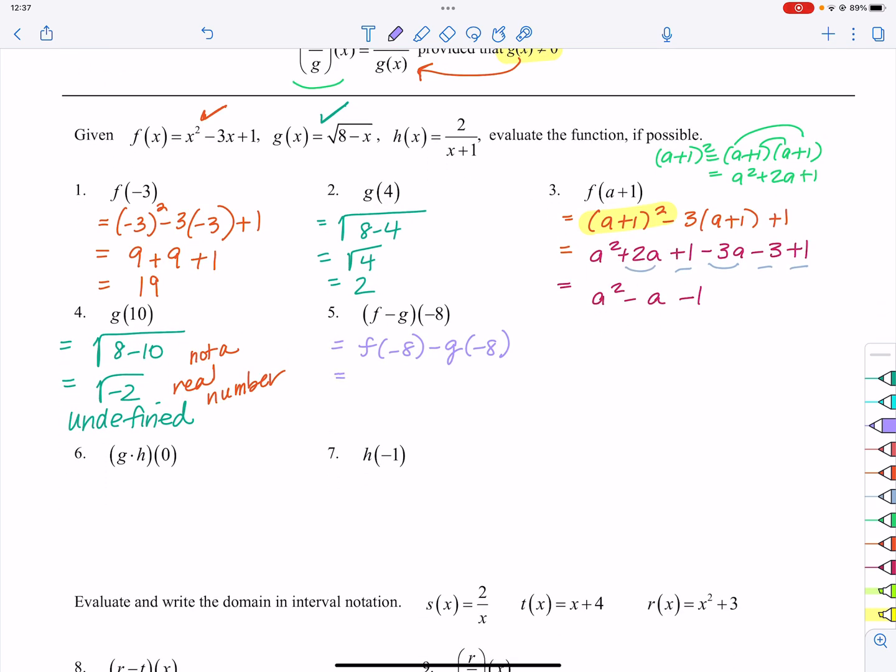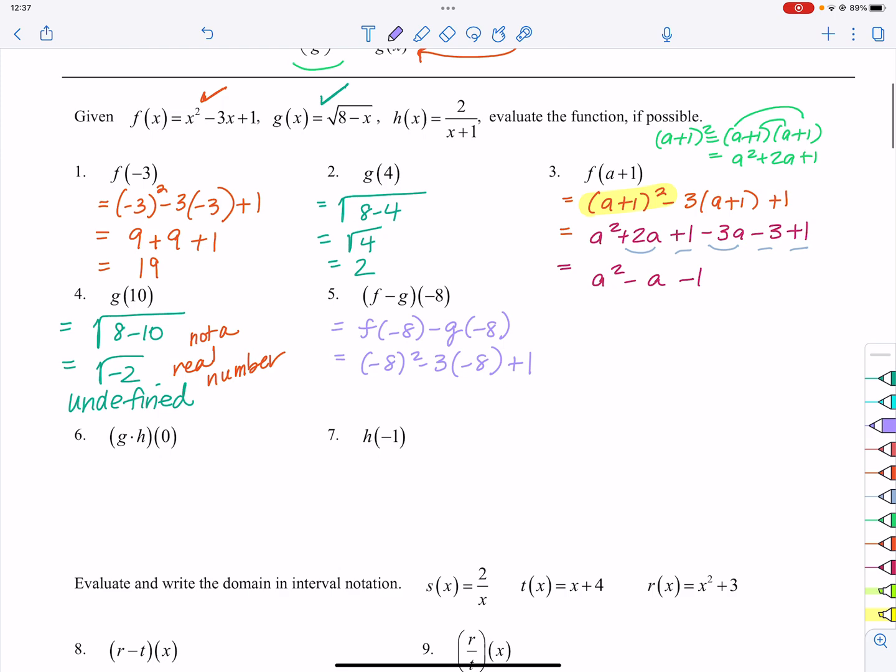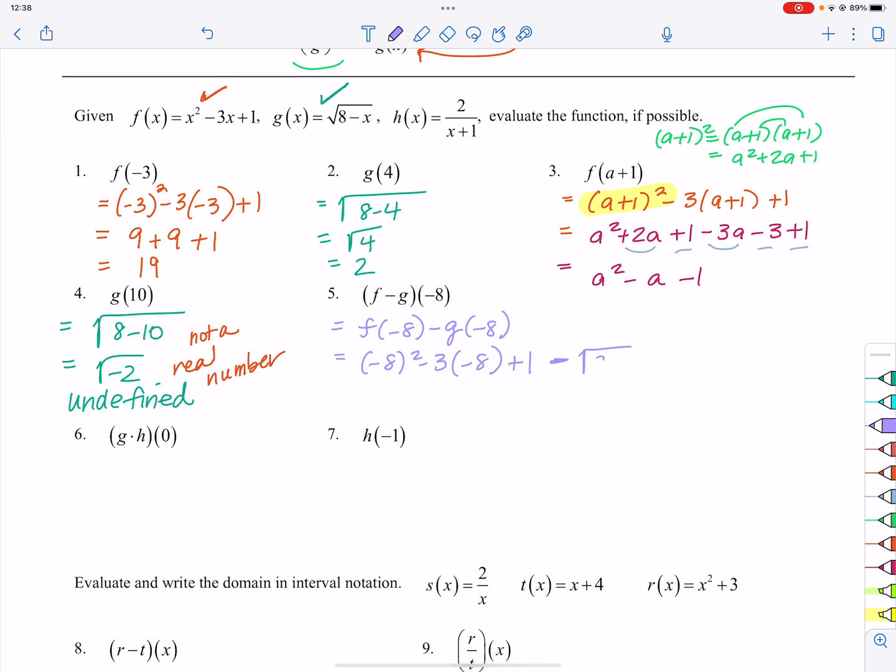So let's find f of -8 first, and that's -8 squared minus 3 times -8 plus 1. And then now we're going to subtract g of -8, which is 8 minus -8, all under the square root.